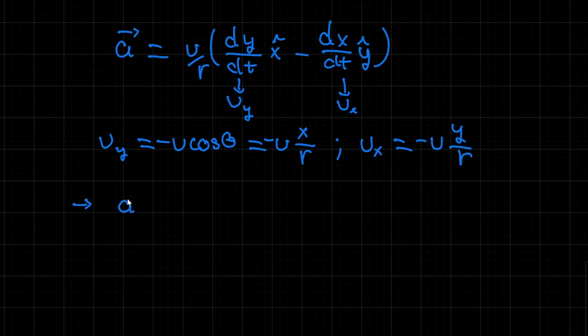That leads us to, putting the v and the r outside, v squared over r squared, and we have minus x hat minus y hat, right?